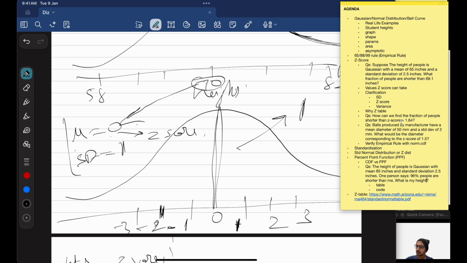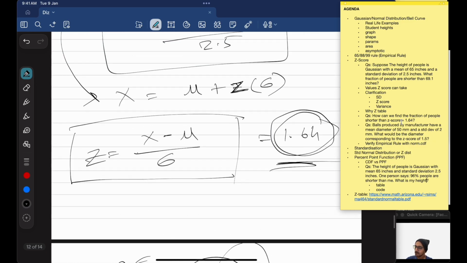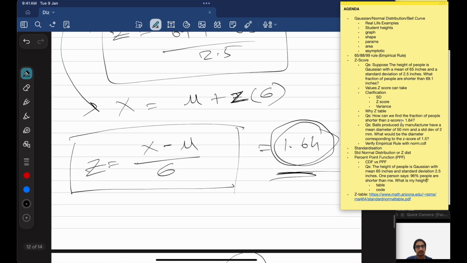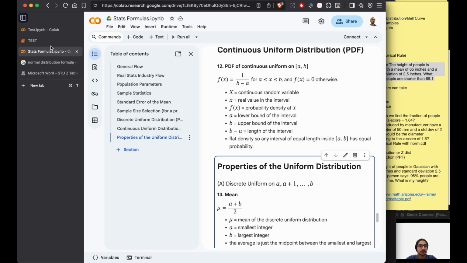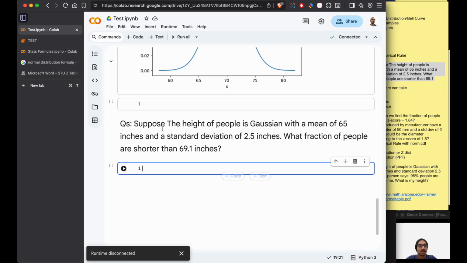So where were we, by the way? Right. Now we got our z-score value. We are solving this question, right? This is the question.